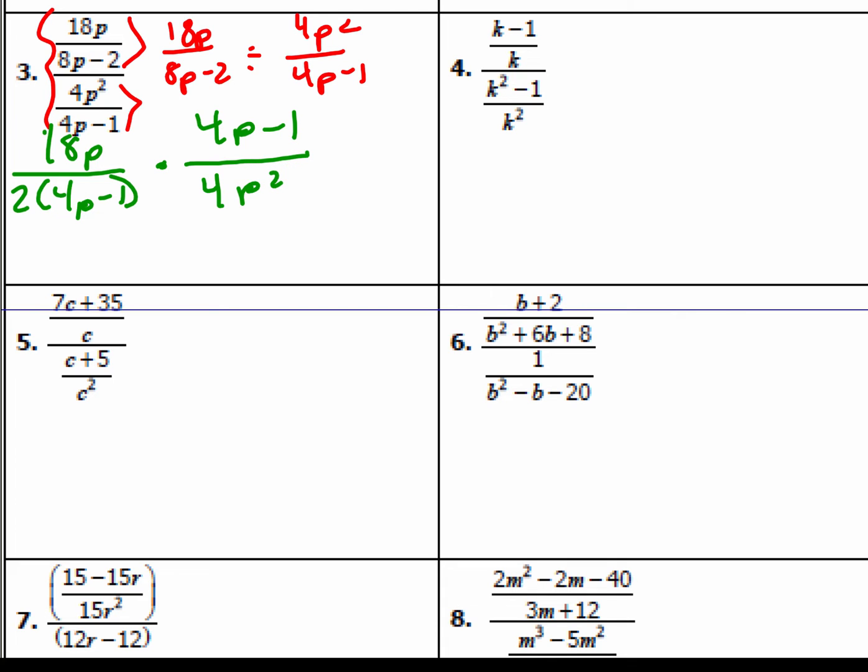Now I simplify. 18 and 4 have a common factor of 2, and because these are both monomials, I can just use division. P squared and p have a common factor of p to the first, so I can simplify that. And then 4p minus 1 goes exactly into 4p minus 1. Now I multiply what's left over. In the numerator, I'm left with only the factor 9. In the denominator, I'm left with a factor of 2 times p to the first, which would be 2p.